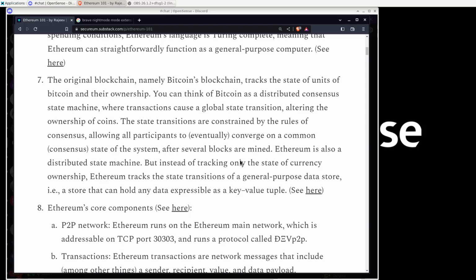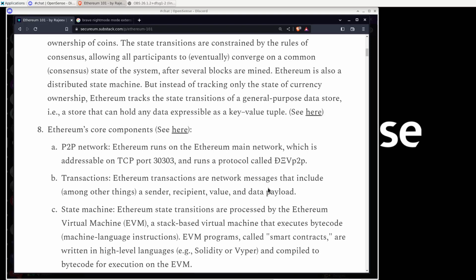After several blocks are mined, Ethereum is also a distributed state machine, but instead of tracking only the state of the currency, Ethereum keeps track of state transitions of a general purpose data store, and it stores everything in a key-value tuple, okay?